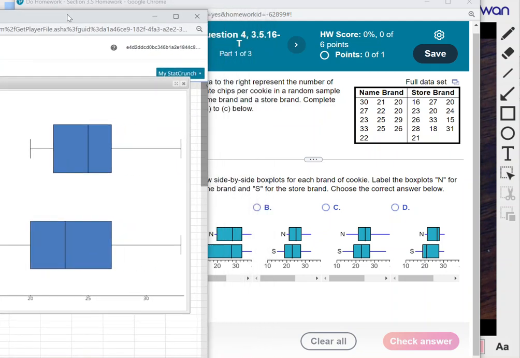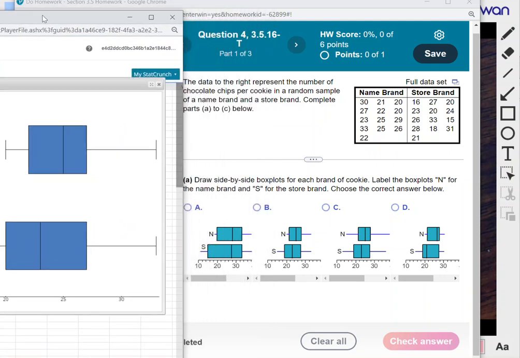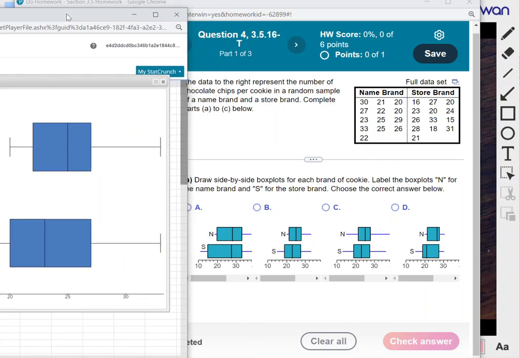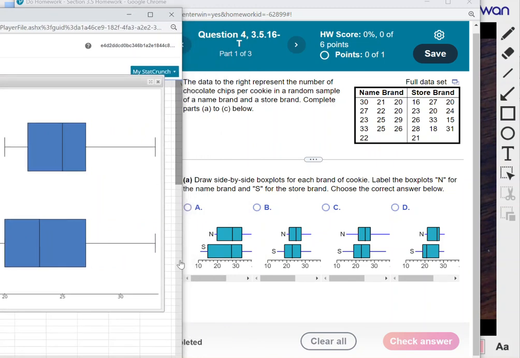And so now we can compare these to see which one is the right one. Now, one thing you'll find is our scale is a little bit different. Notice it starts at 15, and theirs starts right at 10. And so let's see, we started at 20 with this box here, so that one's not right. It's either this one or this one.